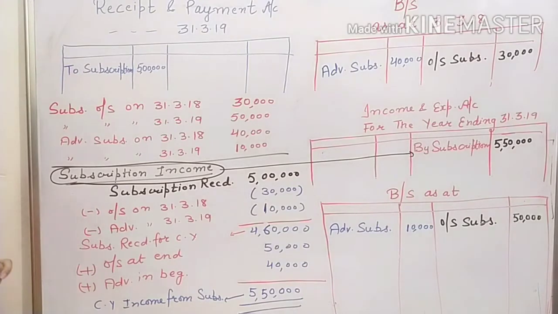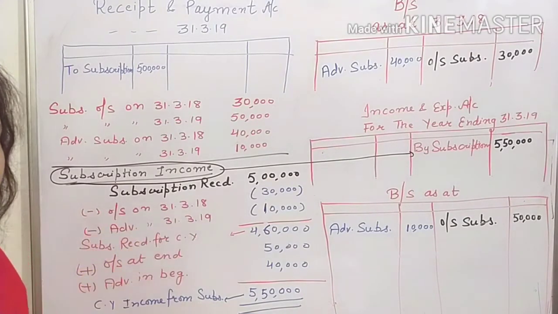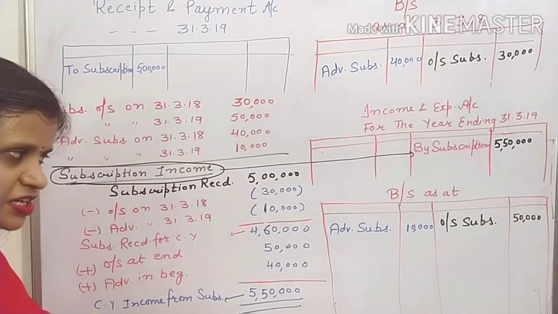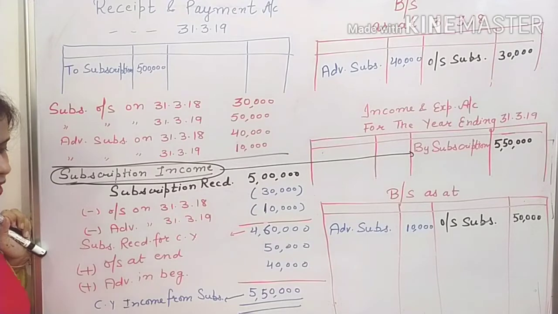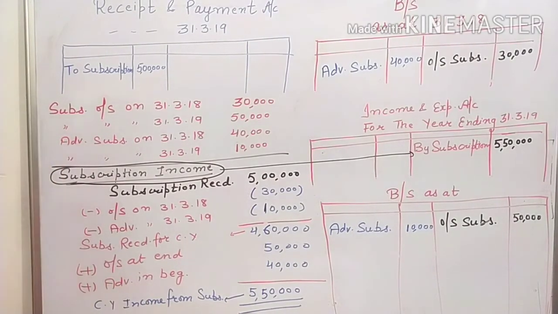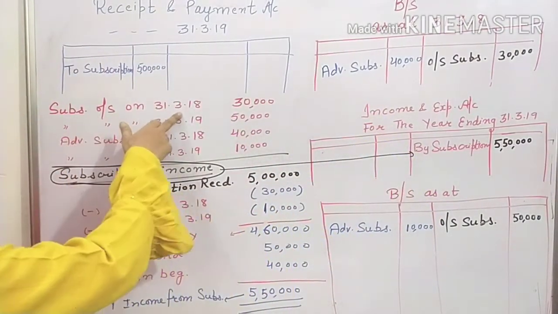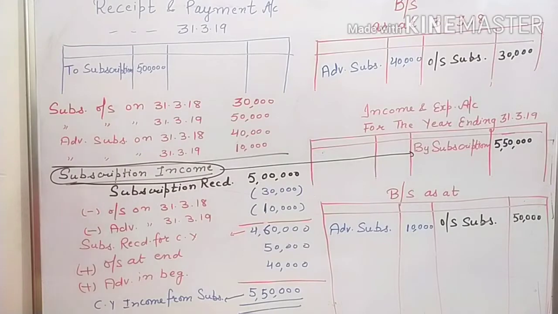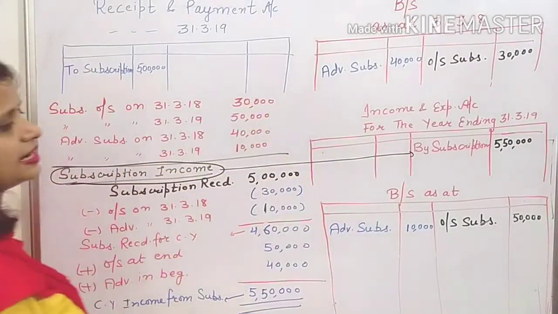I am repeating: you have to calculate the subscription income for the current year, whether it is received, or will be received in the next year, or was received during the previous year. If it belongs to the current year, it will be shown under subscription income. In the balance sheet in the beginning, outstanding in the beginning will be shown on the asset side, and advance in the beginning will be shown on the liability side.